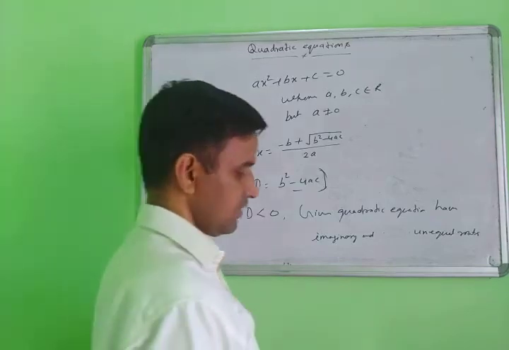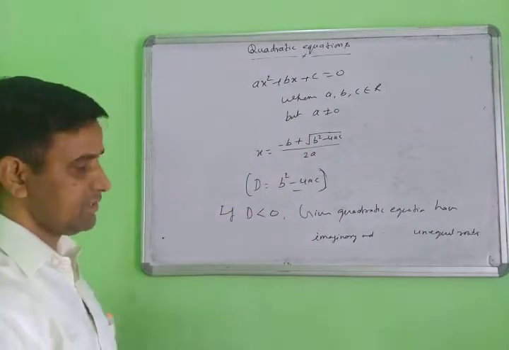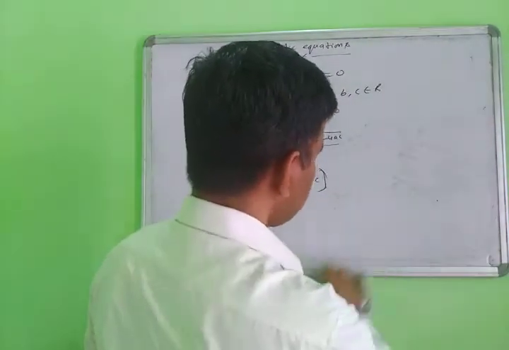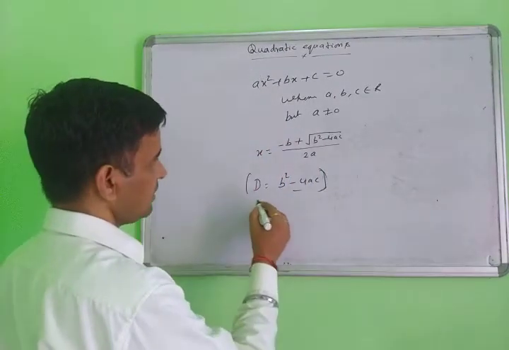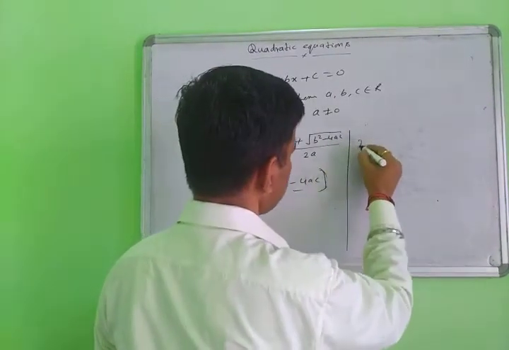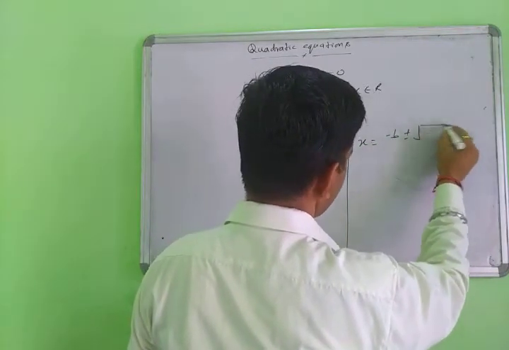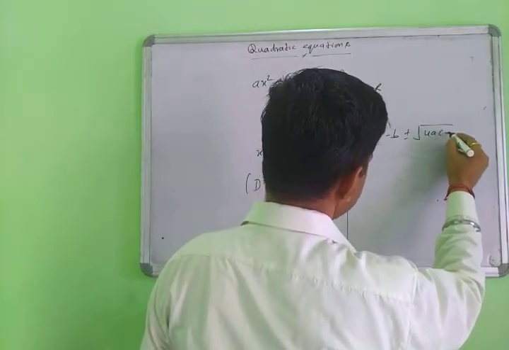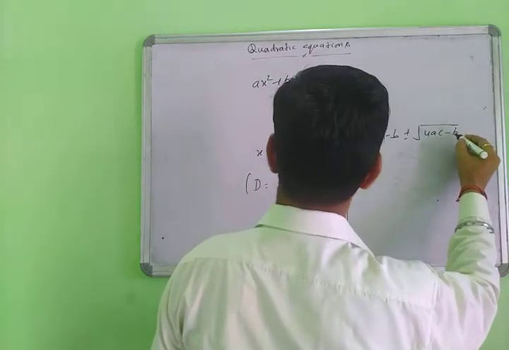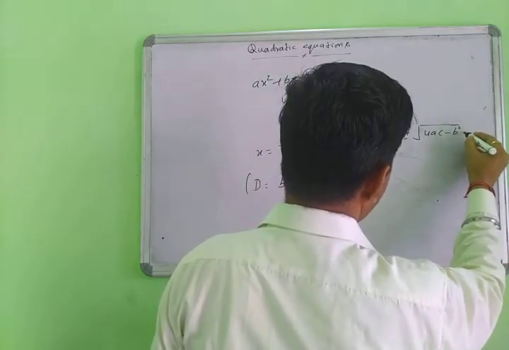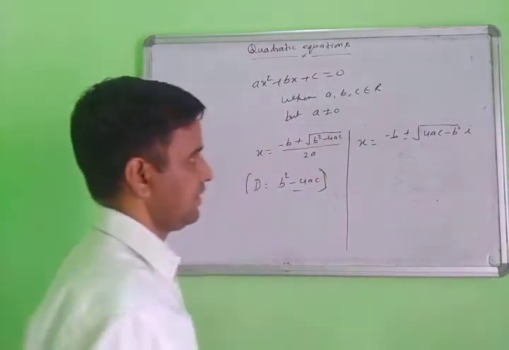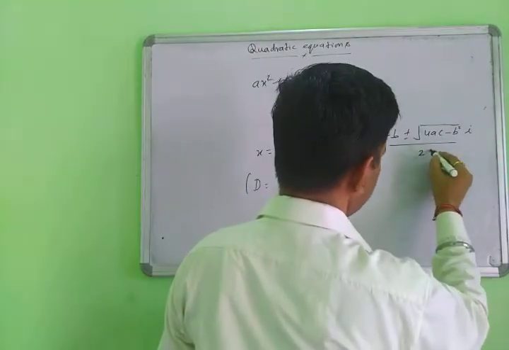Then what is the value of x? x equals minus b plus minus root of 4ac minus b square, with iota, upon 2a.